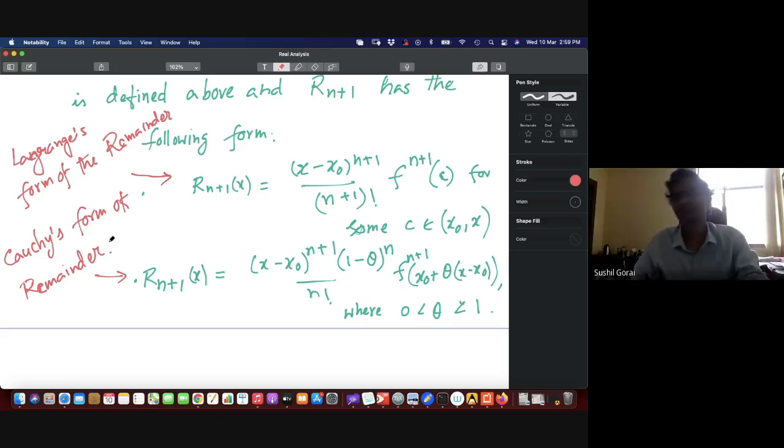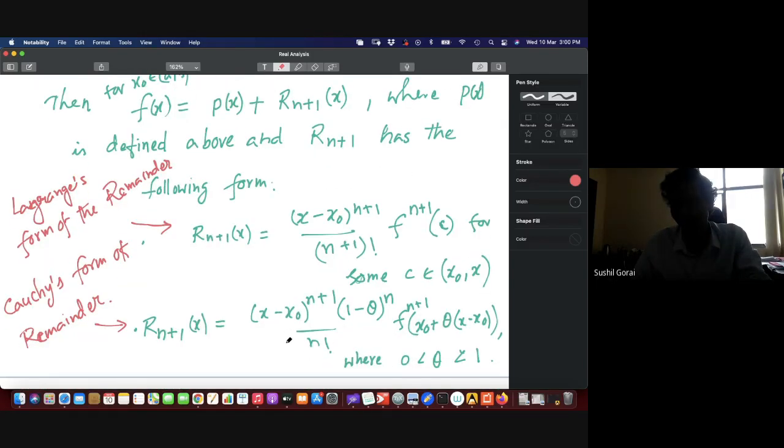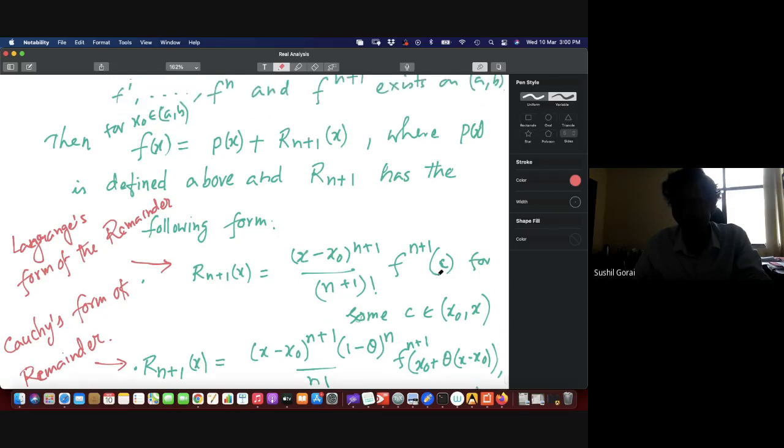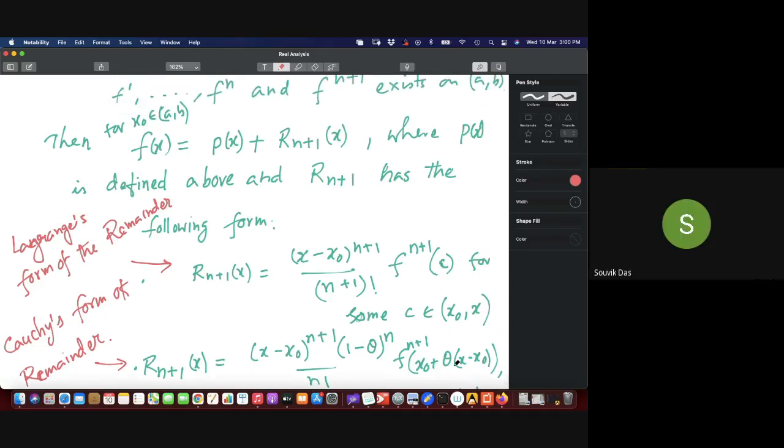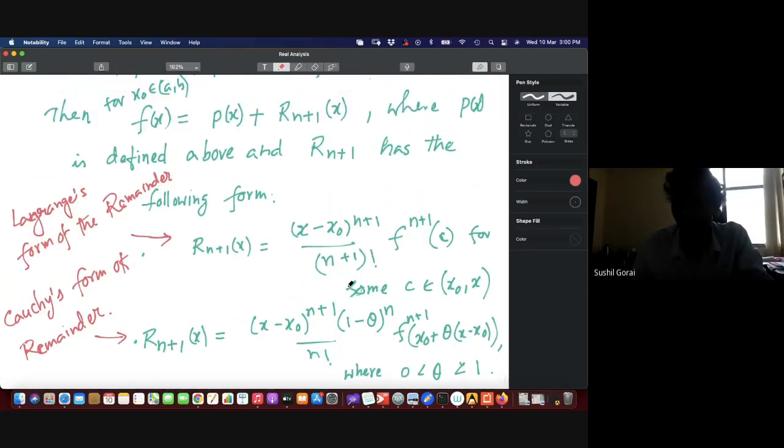All right. So P(x) plus any one of them is true. These two are not different; they are equal. You are just writing c as x naught plus theta times (x minus x naught).